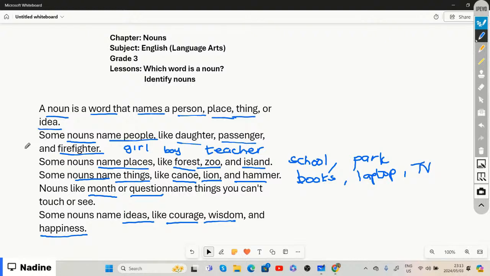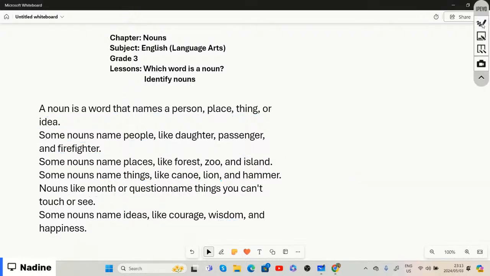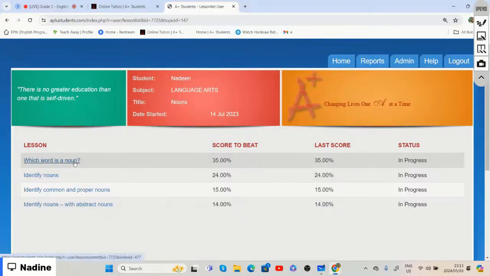Once we've gone to aplusstudents.ca, we are going to the first lesson, which is which word is a noun. So we're going to that one.